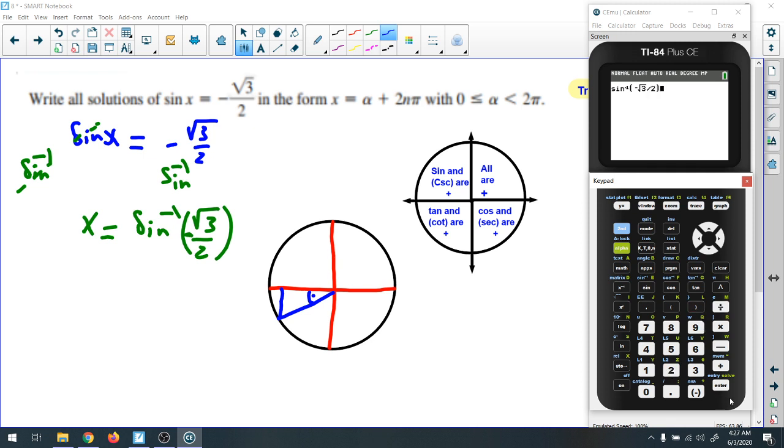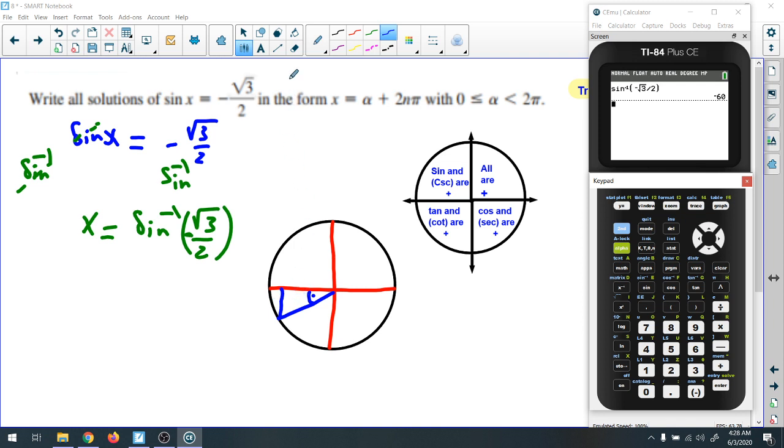Close. Enter. It's negative 60, or equivalently 180 plus 60. So it gives us negative 60 in the fourth quarter, or 180 plus 60.